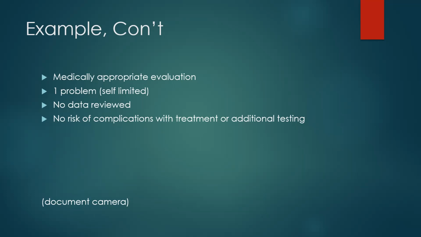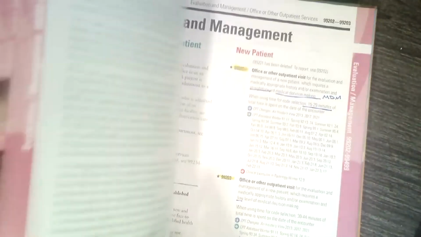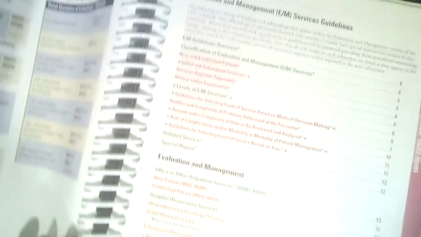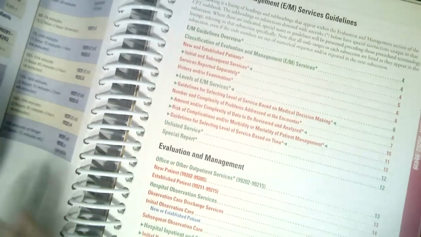So if we go and look at our manual here, there's a couple different ways we can find the correct code. If we are in the E&M section itself, what we can do is start here at the beginning and look for emergency room.